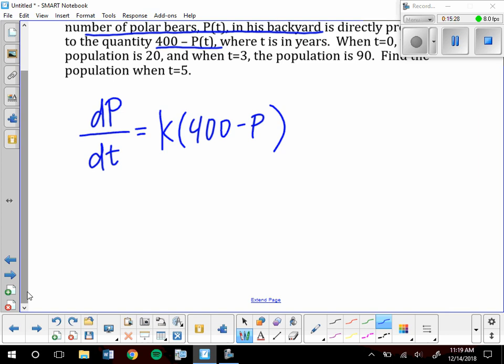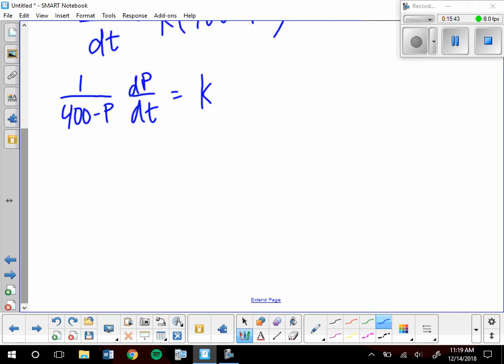So let's start. We are going to multiply both sides by 1 over 400 minus P. And we'll still have a k on that side. And then we're going to integrate both sides.